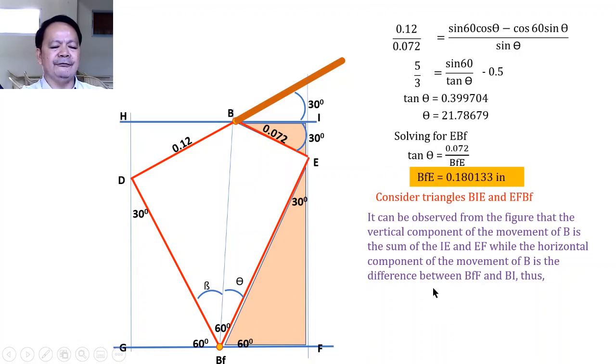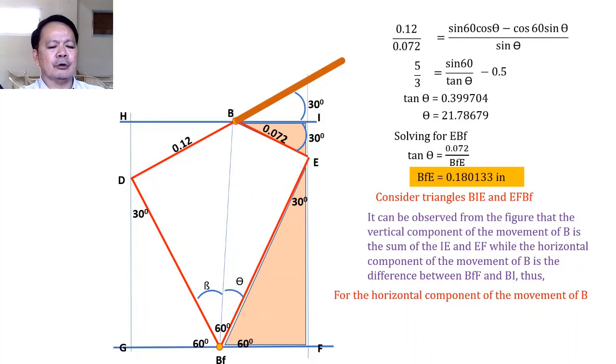Now, if we are going to solve for the horizontal component of the movement of B, and in the figure, it is this difference, BF to F minus BI, this one.